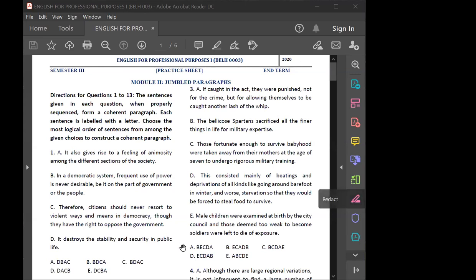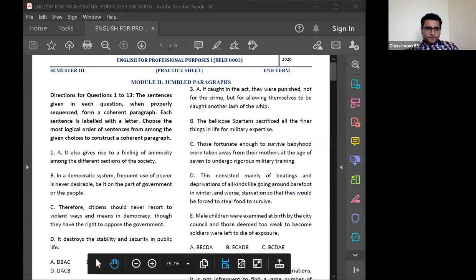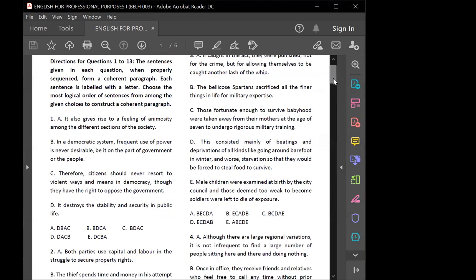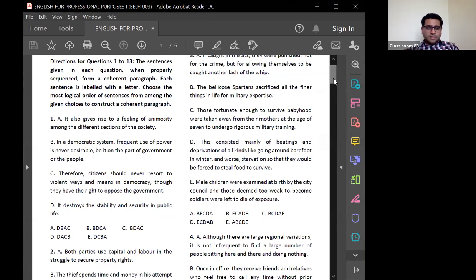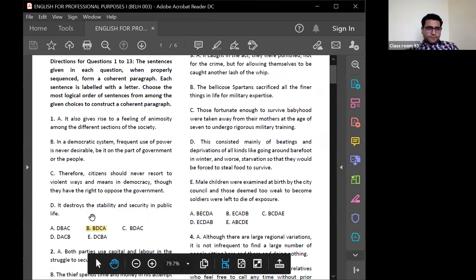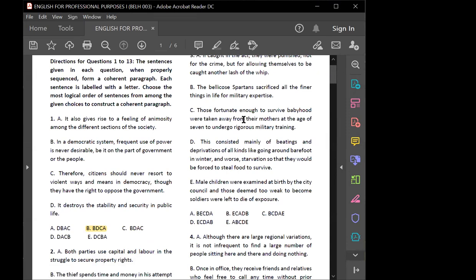So then next, what is your option? What did you select? B. Okay. Then what about the next one? Then D option, it destroys the state.